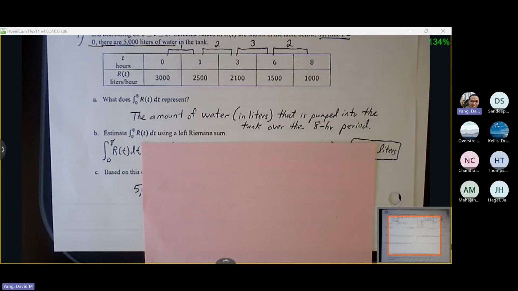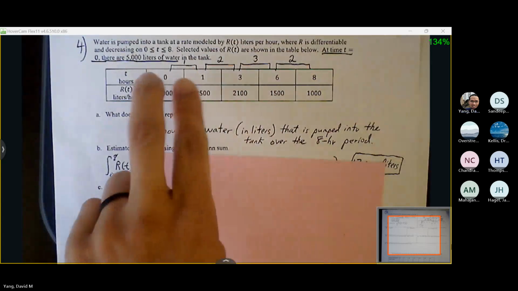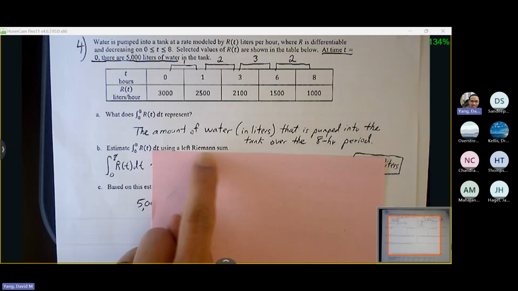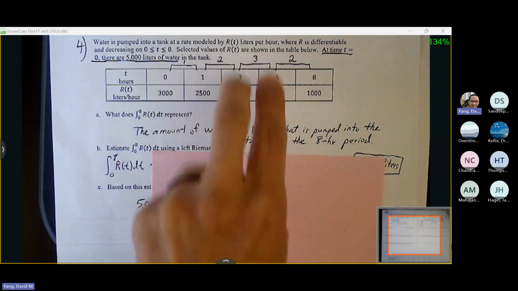So now estimate using left Riemann sums. It doesn't specify the number of intervals, so that just indicates you're going to use every subinterval you see.